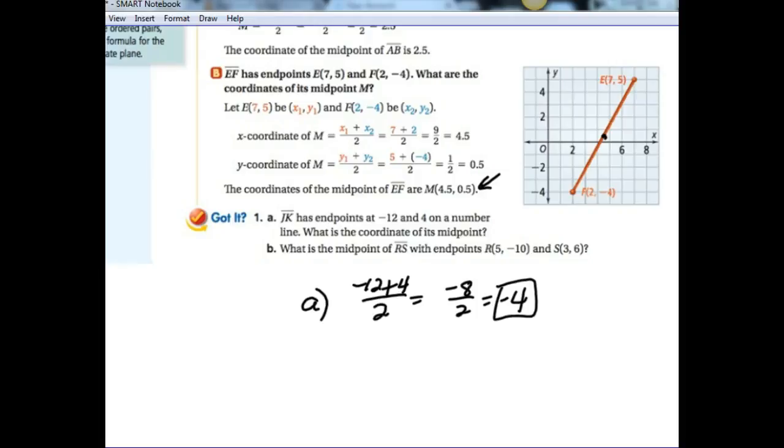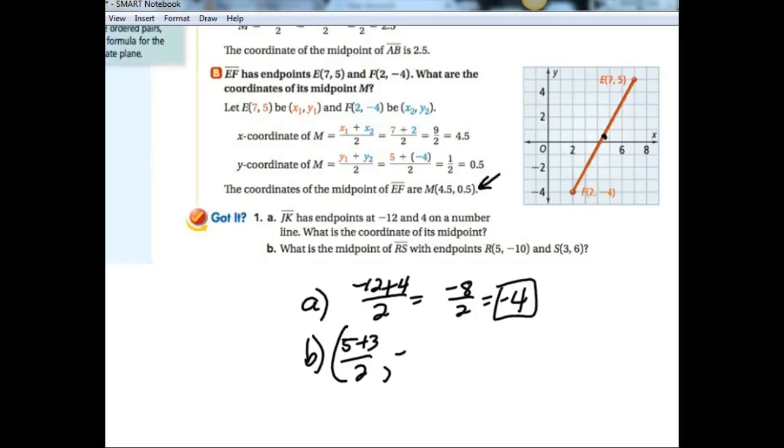Okay. Now, for the B value, what is the midpoint of RS? And again, because this is on the coordinate plane, they have two specific coordinates. You're going to take the sum of the two X values, which is 5 plus 3, and divide by 2.